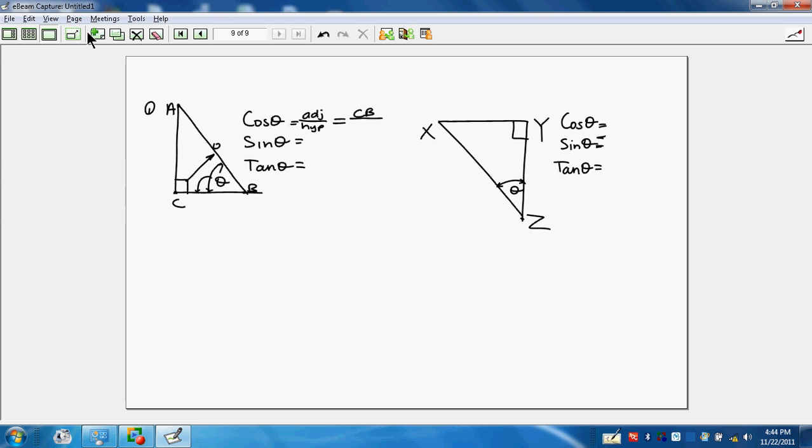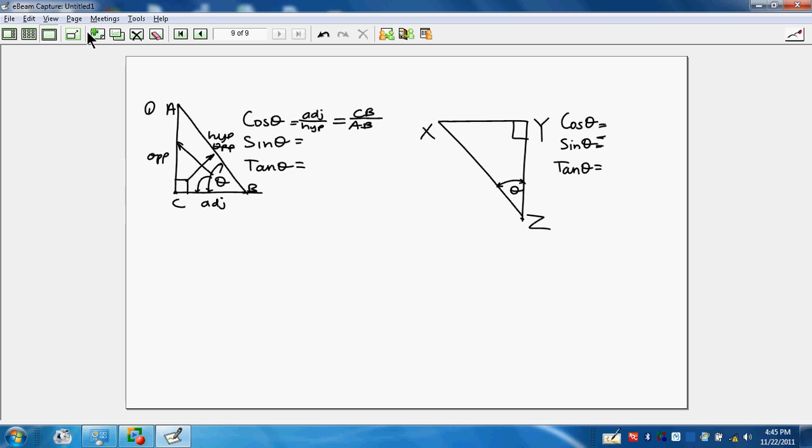So here will be hypotenuse, here will be adjacent, and here will be opposite, because this is the side furthest away from theta, the angle being considered. So cosine is adjacent over hypotenuse, which will be CB over AB, because AB is the hypotenuse.